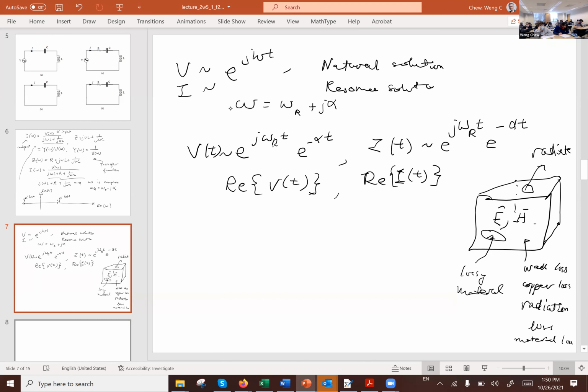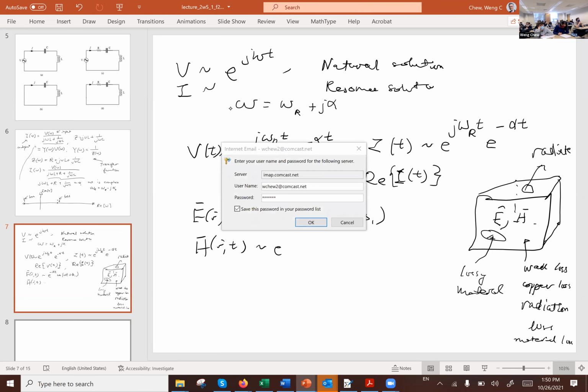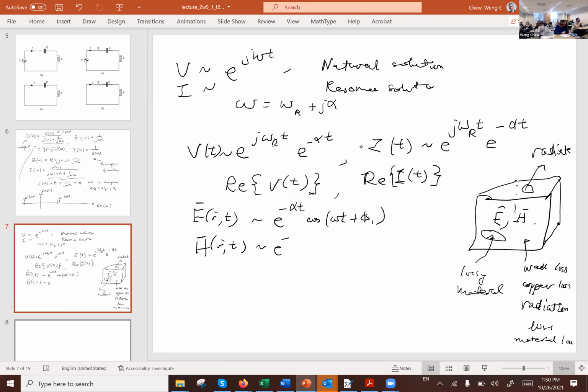Okay. So if you have a cavity such as this one, because of the fact that you have decaying sinusoids, the electric field as a function of space and time, at any given position in space and time, will have to be a decaying sinusoid. And then the H field would also have to be a decaying sinusoid.